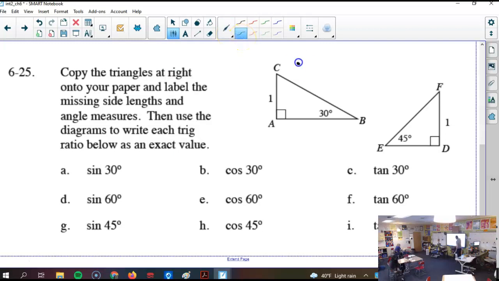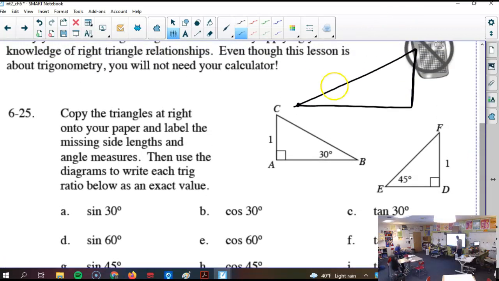So if you want, we can do that with 30 degrees and this being 1. So here, instead of the hypotenuse being 1, like what we talked about in the unit circle, for both of them we made the height 1.